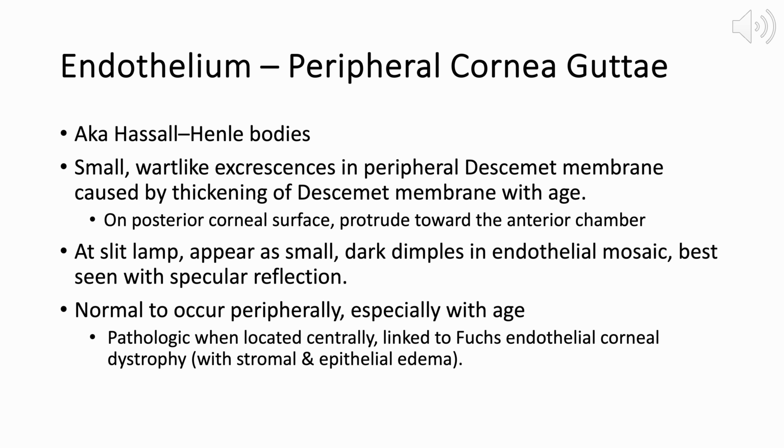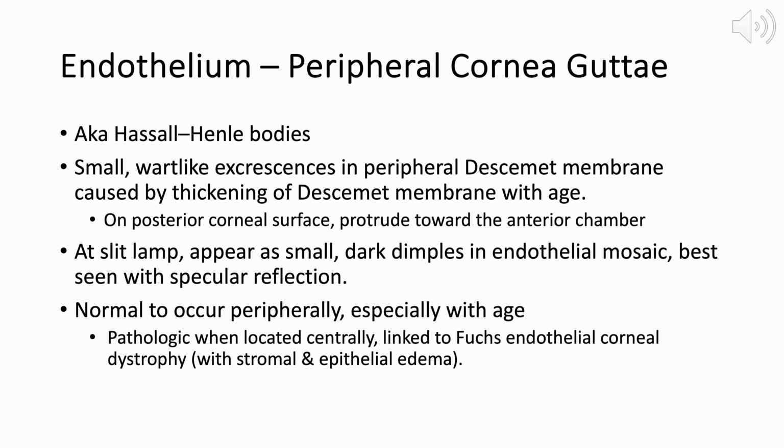On this slide, we're looking at peripheral corneal guttae, also known as Hassall-Henle bodies. These are small, wart-like excrescences that form in the peripheral Descemet's membrane, caused by age-related thickening. They sit on the posterior corneal surface and protrude slightly forward into the anterior chamber.